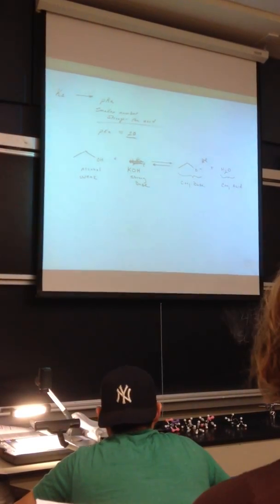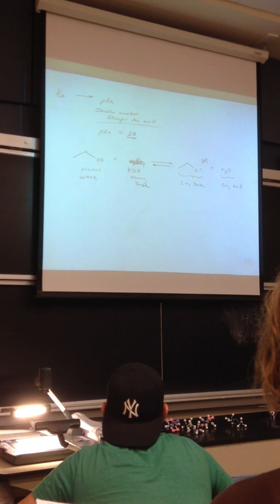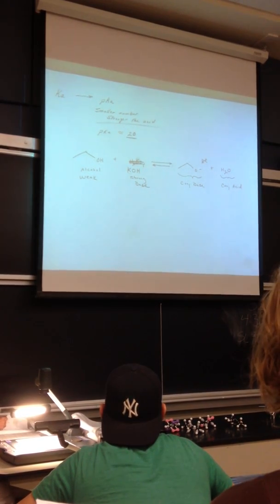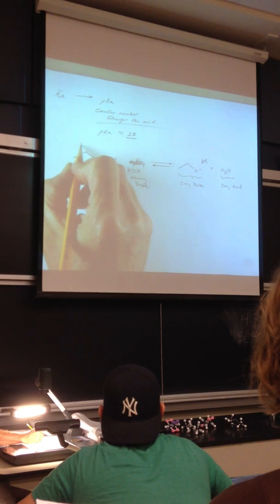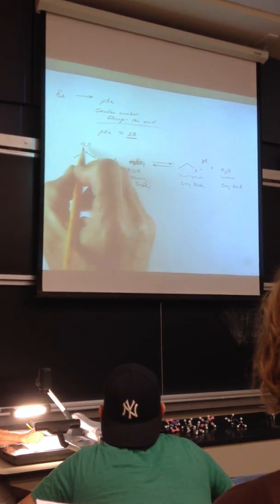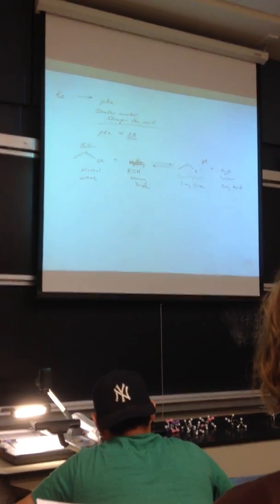If I have ethanol, you probably have a pKa of this thing. I have methanol, probably pretty close to methanol. Let's say that it's around methanol, so it's about 15.5 is the pKa of ethanol. Probably very close to that.